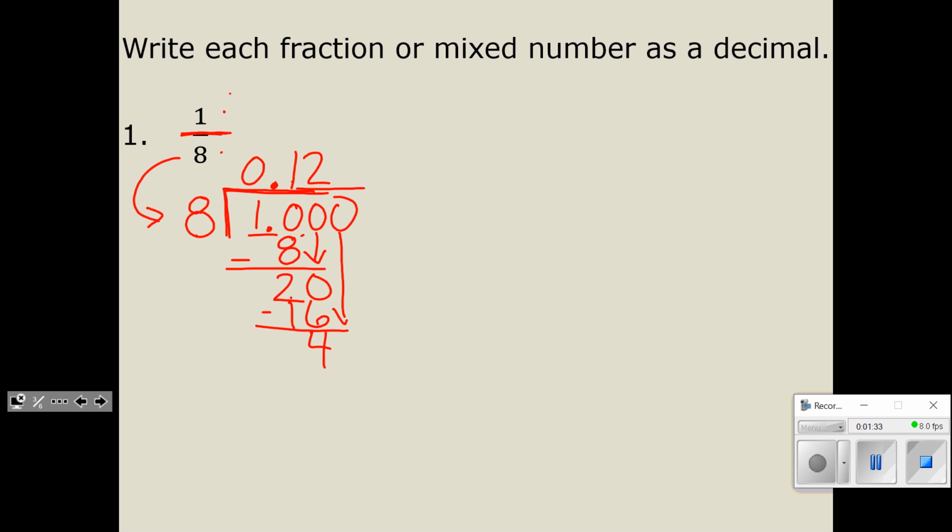Bring down the 0. 8 goes into 40 5 times. 5 times 8 is 40. And we are finished. So our answer is 0.125 thousandths. And this is going to be a terminating decimal because it has an ending. The 5 is the ending, so this is terminating.